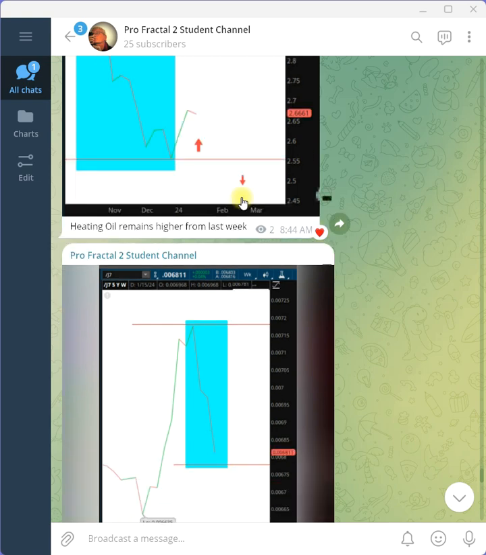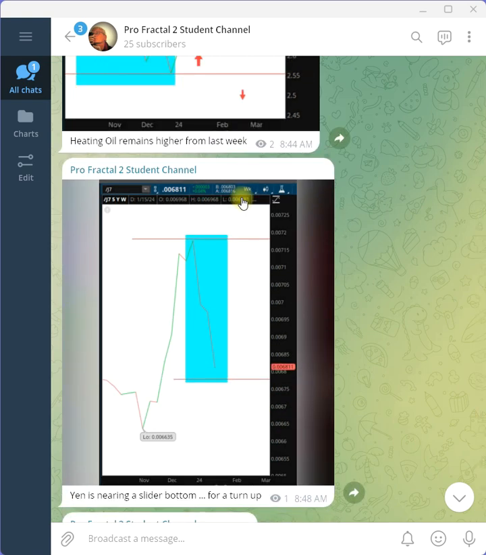Take a look at the yen. Kind of interesting here. Now, we have a typical slider bottom developing here. Okay, you got a leg, you got a little slide here. So what we have to do, we have to wait to find out if we remain around the bottom level here.